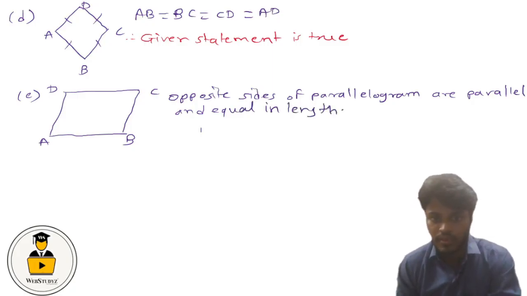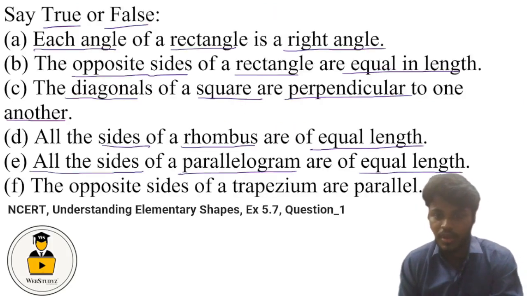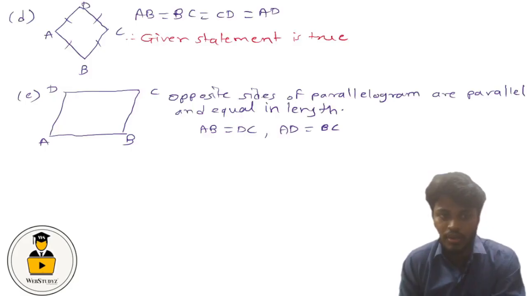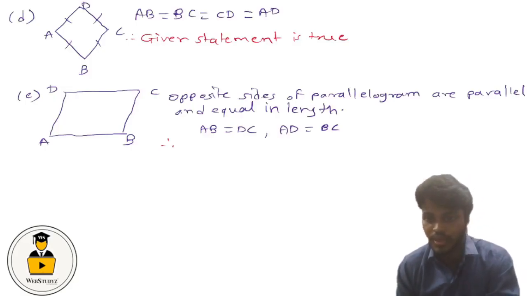So therefore we can say that AB will be equal to DC and AD will be equal to BC. But in the statement it is said that all the sides of the parallelogram are equal in length. But all the sides are not equal, so therefore only the opposite sides are equal. So therefore the given statement is false.